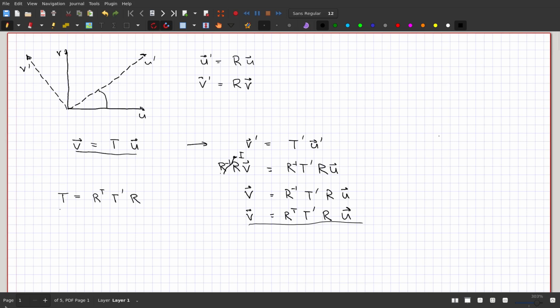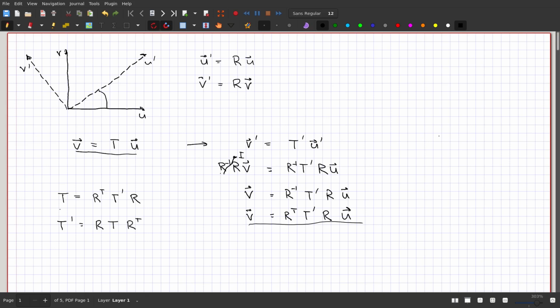And then if we wanted to solve for T prime, then we just multiply on the left hand side of both equations by R, and multiply on the right hand side of both equations by R transpose. And ultimately we could invert this equation to get T prime is equal to R T R transpose.